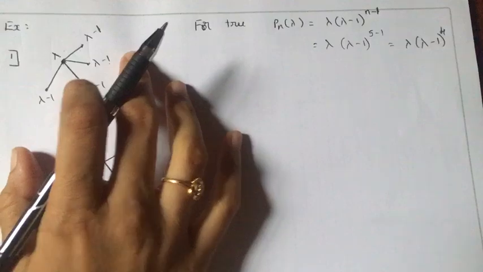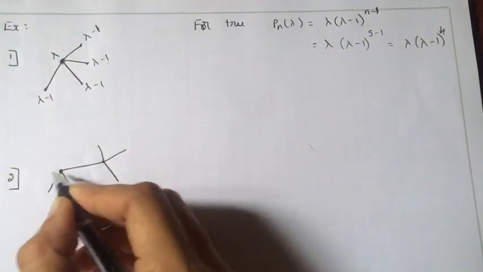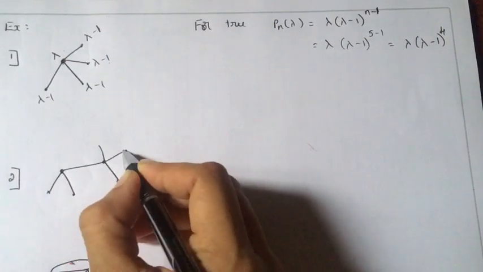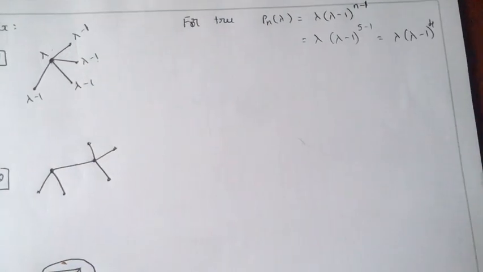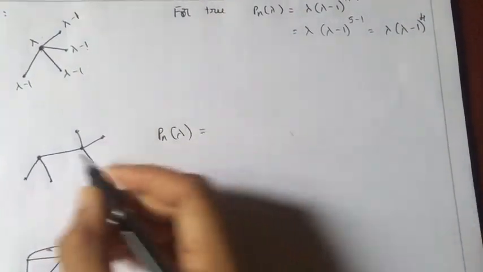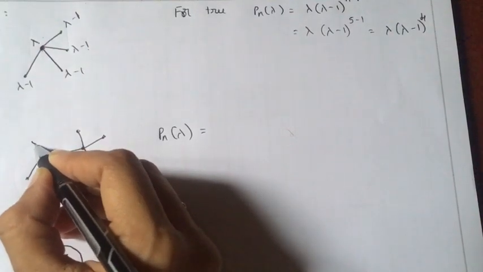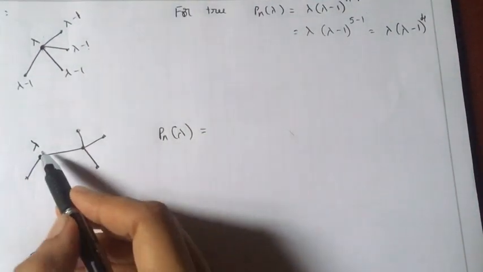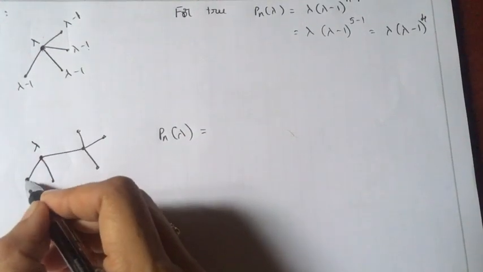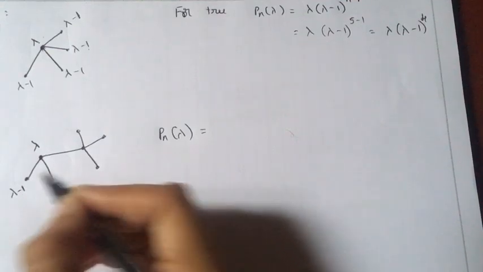This is the other way, using the formula. For this tree, 1, 2, 3, 4, 5, 6, 7 vertices are there. So Pn of lambda, see, this can be colored in lambda ways. Lambda colors can be given to this vertex. For this, one less than this, because I cannot give the same color as this. So this has got one less option.